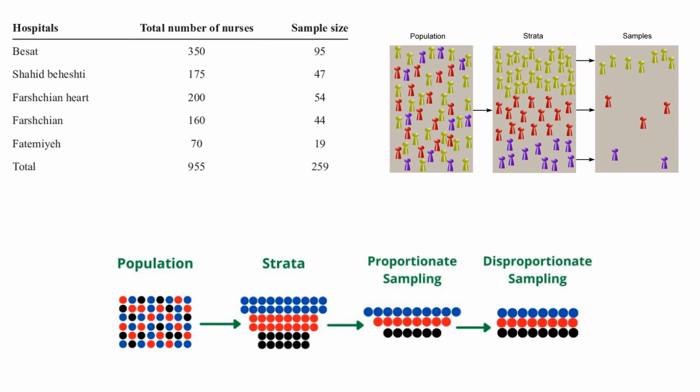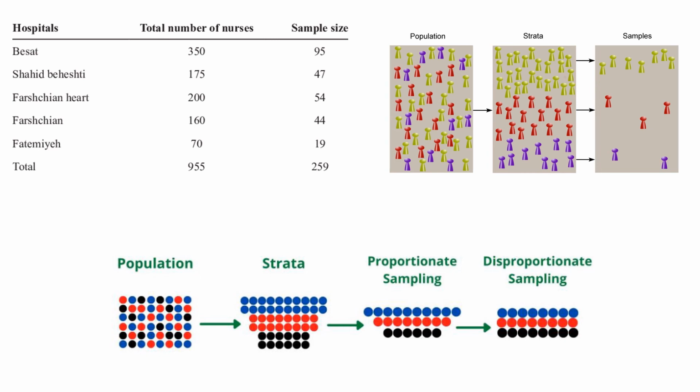So I look at here, I've got different hospitals here from another country, and the total number of nurses. And I take samples of the nurses here. So basically, these are all the nurses population. If I stratify them, they're different groups. I don't know how they determine the green, the red, or the blue.